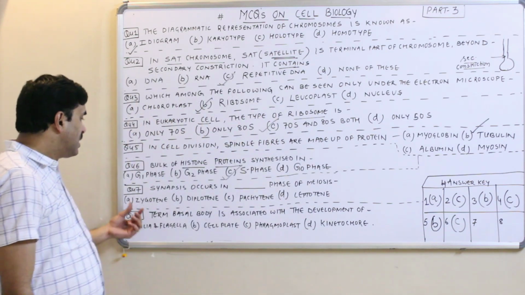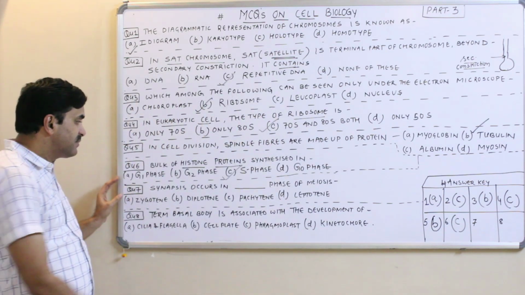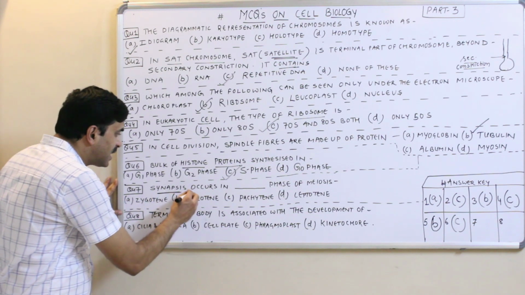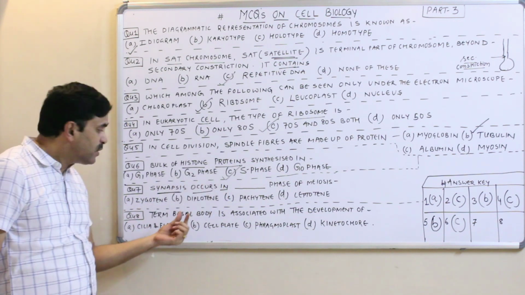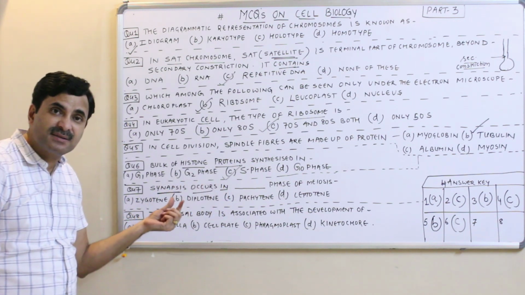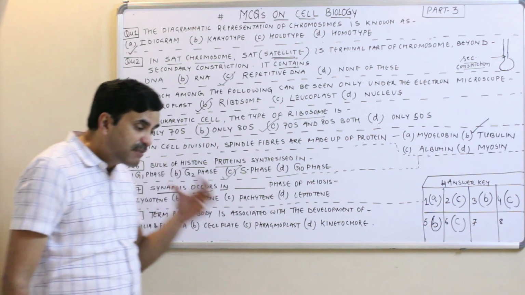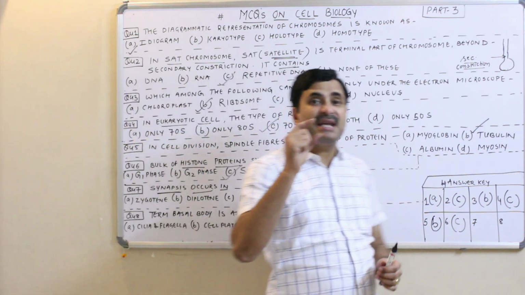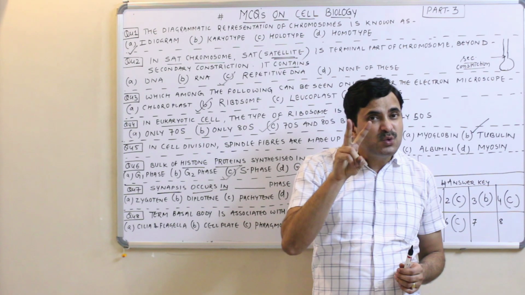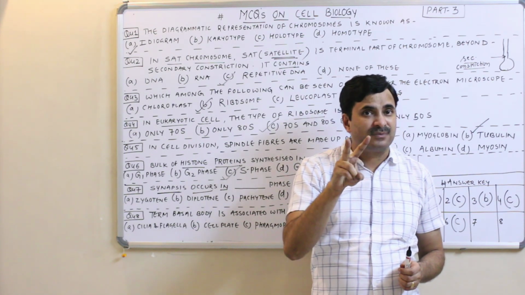Now question number 7, synapsis occurs during. Have you ever heard this word synapsis? There is a big difference between synapse and synapsis, so don't be confused by these two terms.